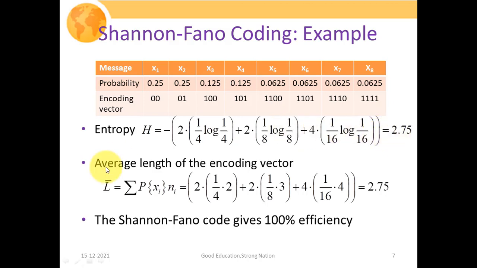Now when we evaluate the average length of the encoding vector, that is given by L bar, which is equal to the summation of p of xi times ni, where ni is nothing but the number of bits used to encode that particular symbol. So that turns out to be 2 times 1 upon 4, that is the probability associated with x1 and x2.